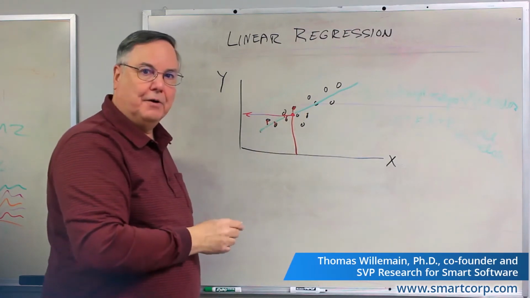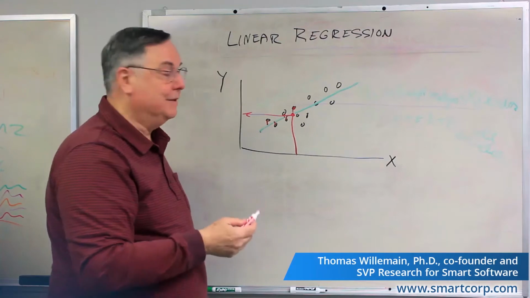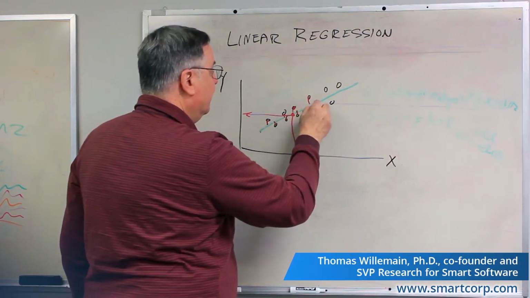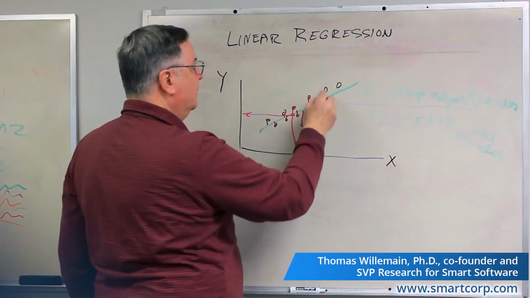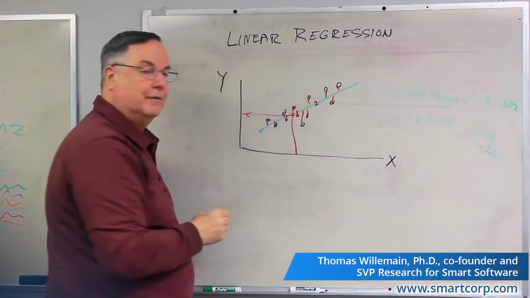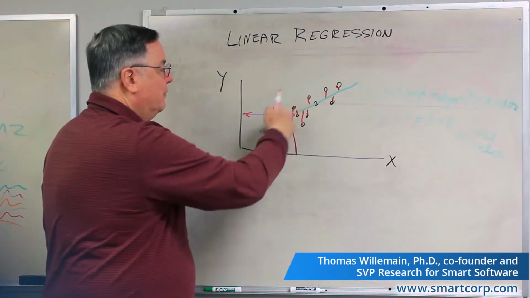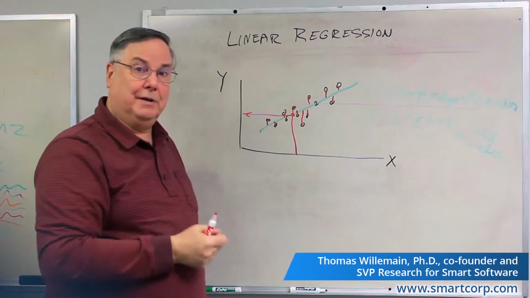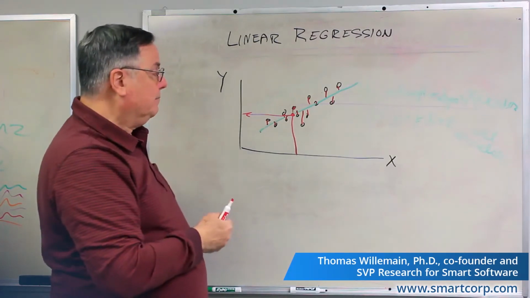That's called an error in fitting the data. And for every data point, there's an error. Sometimes the error is very small, sometimes it's bigger, sometimes it's positive, sometimes it's negative. So we have all of these discrepancies or lack of fit between each data point and the regression line.